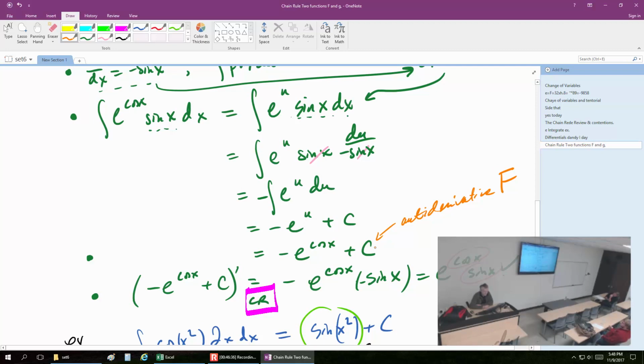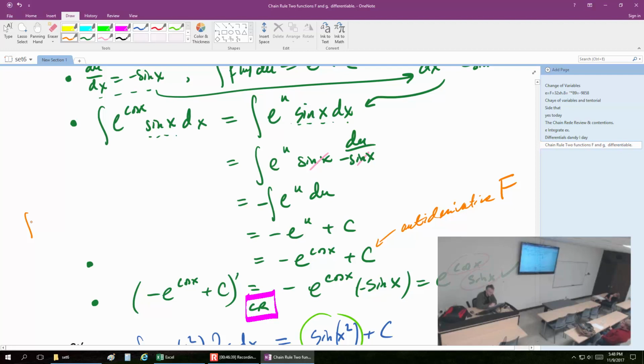And then our integral with limits, say from 0 to pi of f(x) dx, is negative e to the cosine pi minus negative e to the cosine 0. Okay, c is thrown out because it cancels anyway.